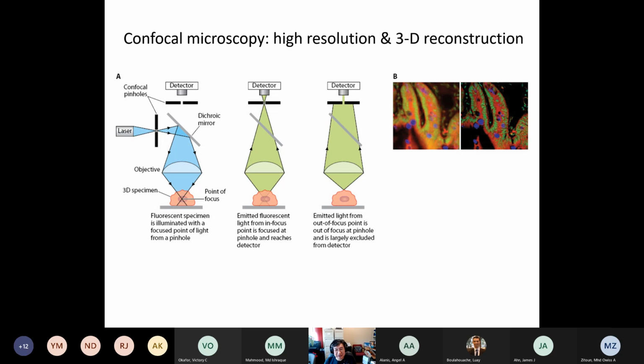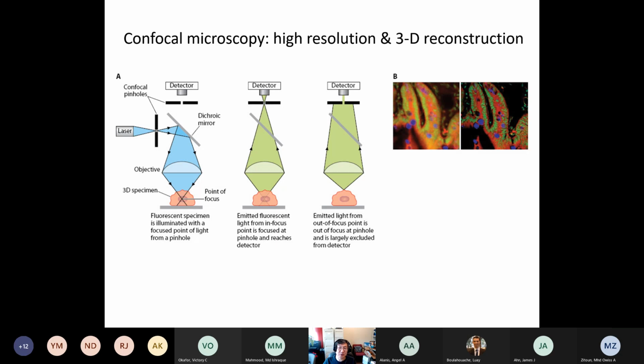This filter will only allow light of a certain wavelength to pass through. Other light will get reflected somewhere else. It won't pass this filter. For example, green light will pass this filter, while red light will pass another filter. So by changing the filter, you can detect a certain signal.